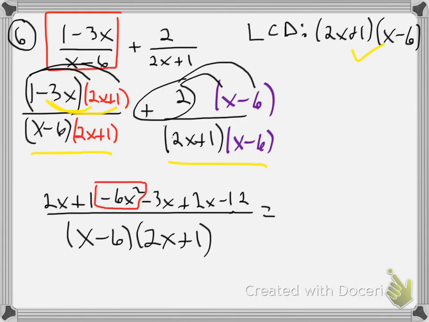I've got that there and nothing else. So I'm going to write that down: minus 6x squared. Let's look at x's. I have a 2x, a minus 3x, and another 2x. Well, 4x's minus 3x's is 1x. So plus x.